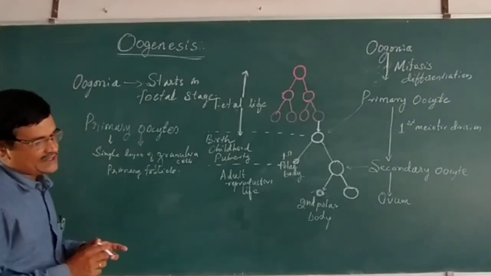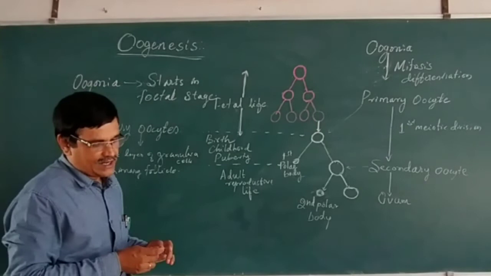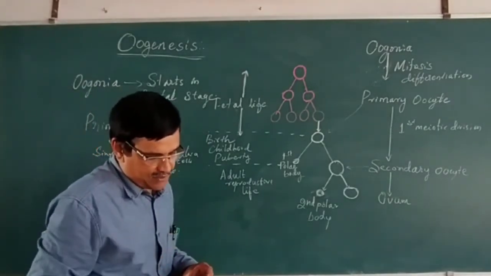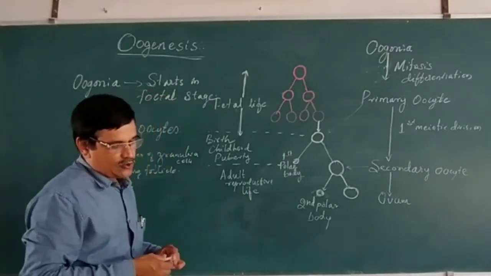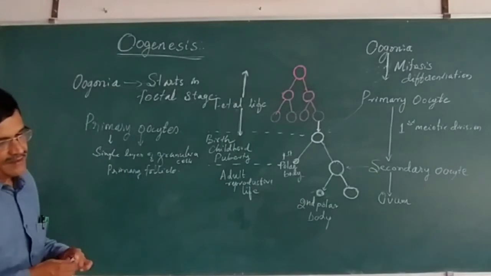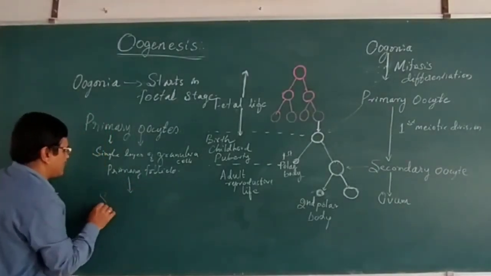Then the primary follicles get surrounded by more and more layers of granulosa cells, and a new theca is formed. Then it is said to be a secondary follicle.